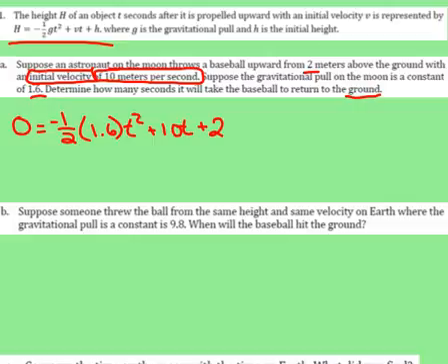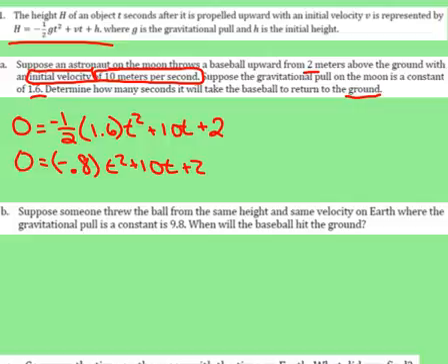In other words, my equation is 0 equals negative 0.8 t squared plus 10t plus 2. When I look at this problem, I'm going to do the quadratic formula.